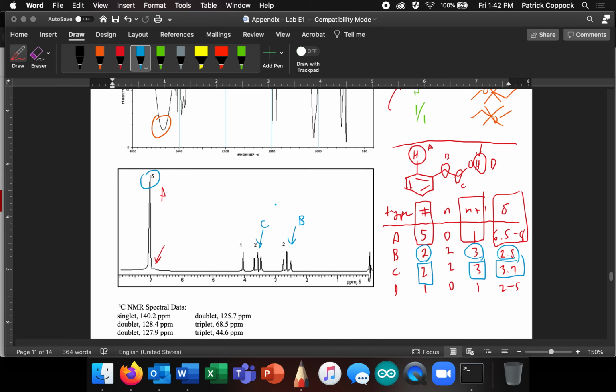Wow, this is so fun, isn't it? Now let me look for a 1 that's a singlet between 2 and 5. And there it is. Okay. D, C, B, and A. And that is my structure. I'm not going to say anything about carbon 13. I'm going to pat myself on the back and say, job well done.